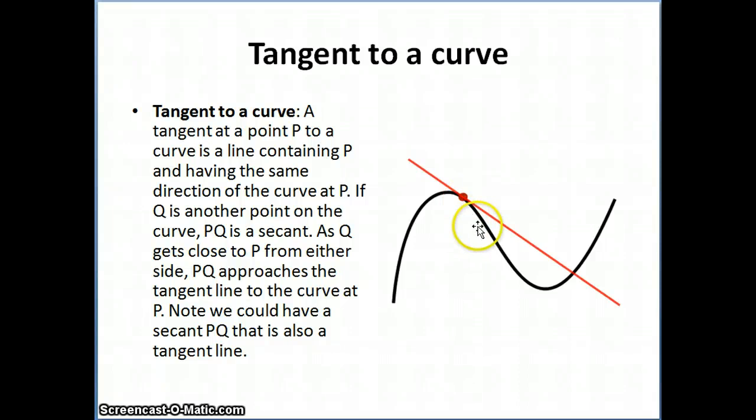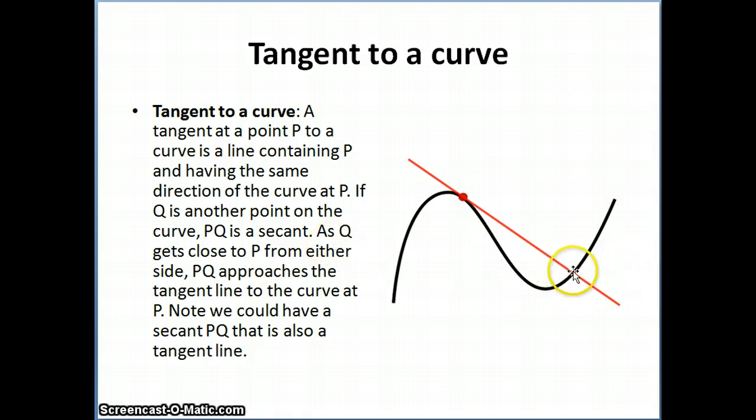If Q is another point on the curve, so if I pick another point right here or here, or maybe here, and I connect P and Q, this is called a secant, similar to the secant of a circle.